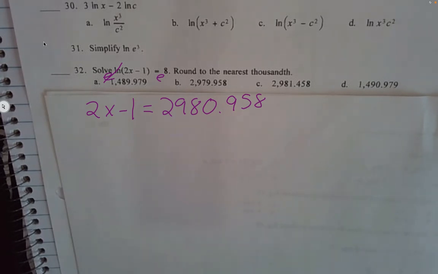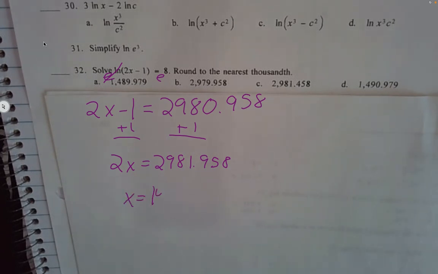So then, what do I do with that minus 1? I'm going to add 1, which on my calculator, I'm just going to press plus 1. And then what do I do? Just press divided by 2 on my calculator.